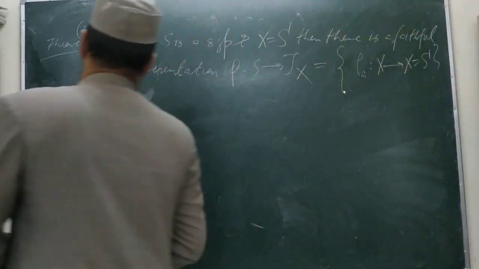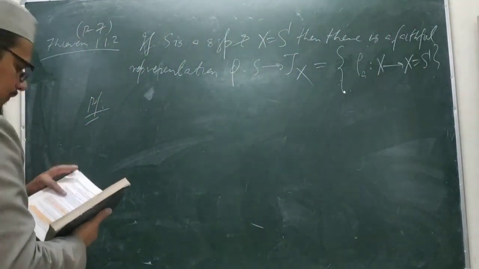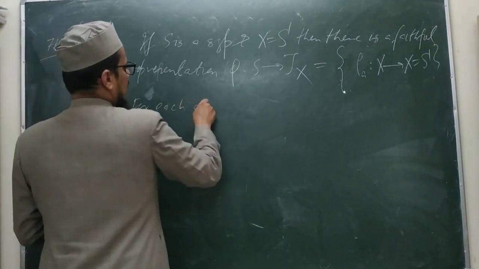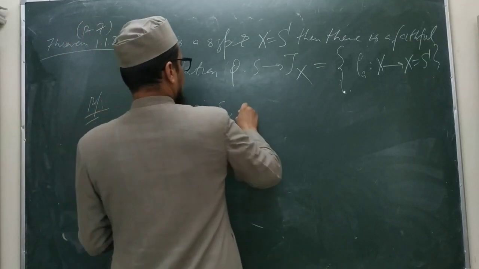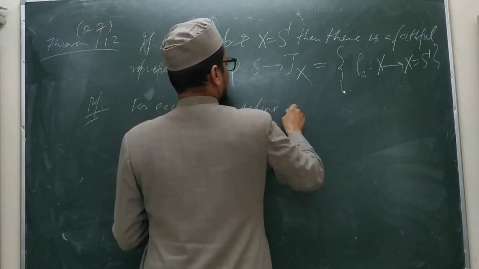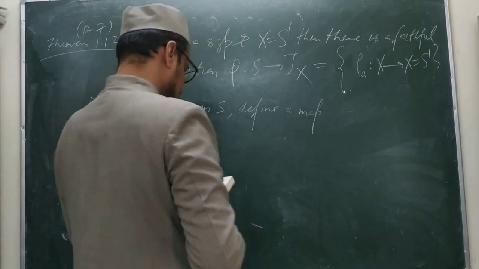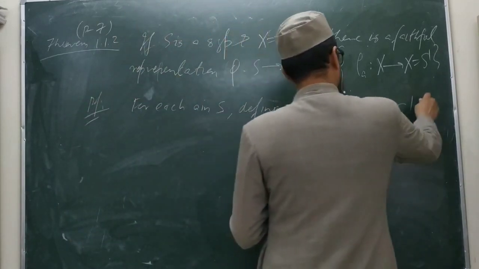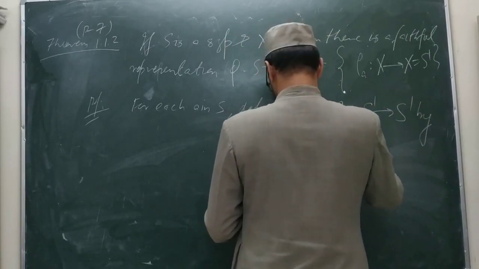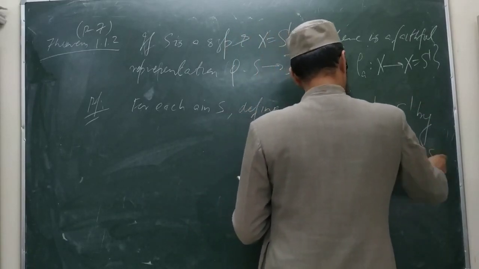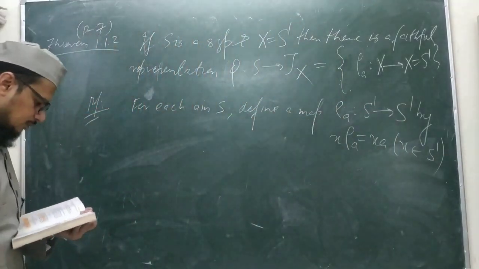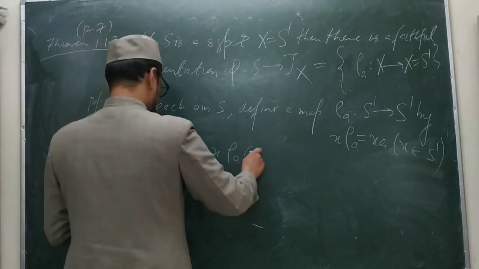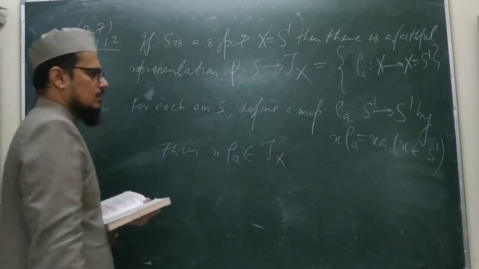Now let's prove. For each A in S, define a map ρ_A from S¹ to S¹ by xρ_A = xA, x belongs to S¹. Thus ρ_A belongs to τX.